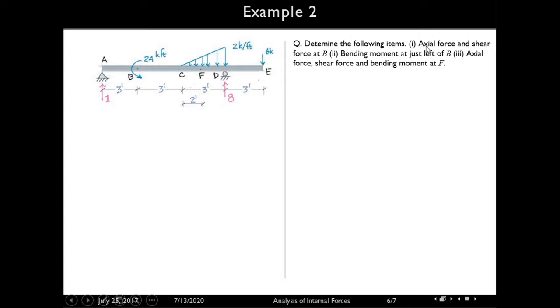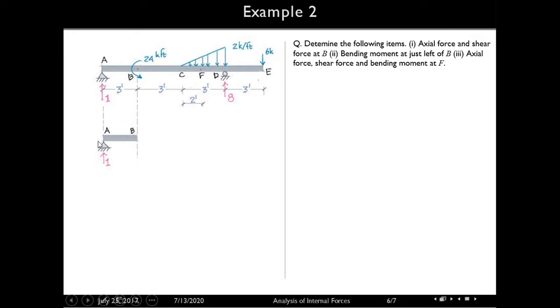In this first part we are asked to calculate the axial force and shear force at B, so we need to consider a section at B. Taking a section at B, we can see that there is a vertical reaction. As we are asked to calculate axial force and shear force at B, we don't need to consider the moment at first stage, so we are not considering the moment here, and all others will come except the moment.